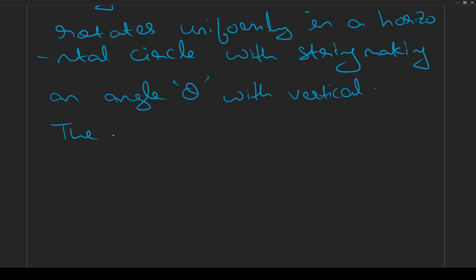The time period of this conical pendulum is.